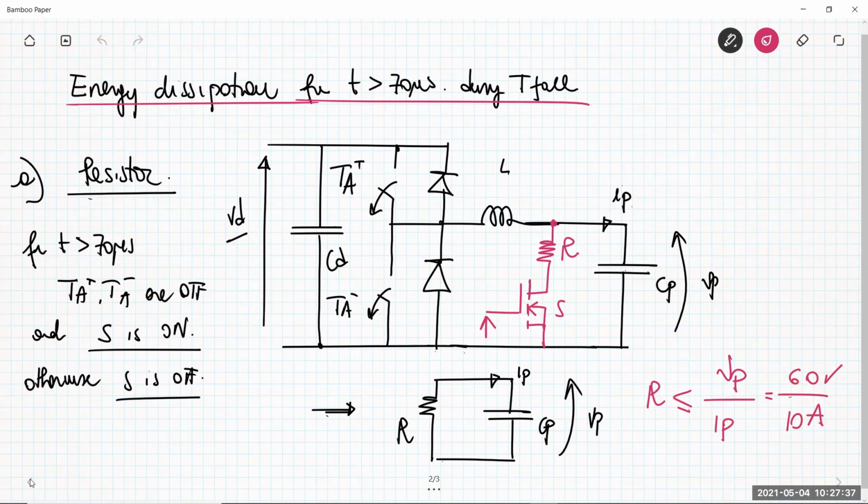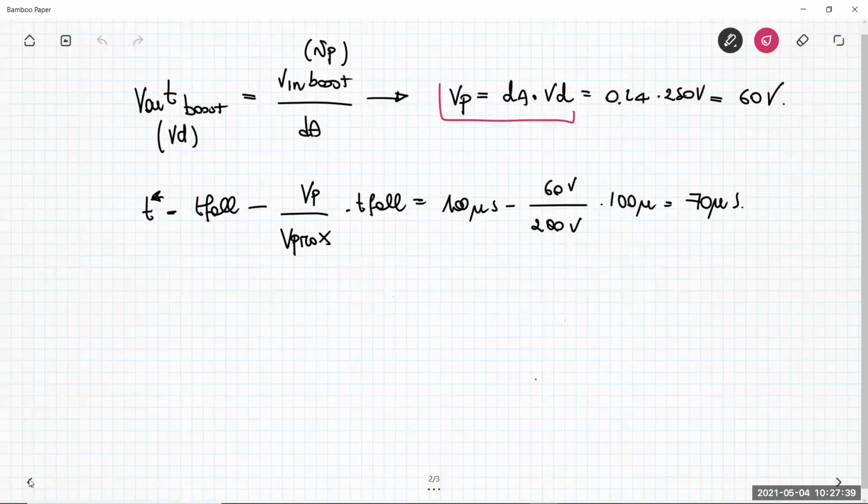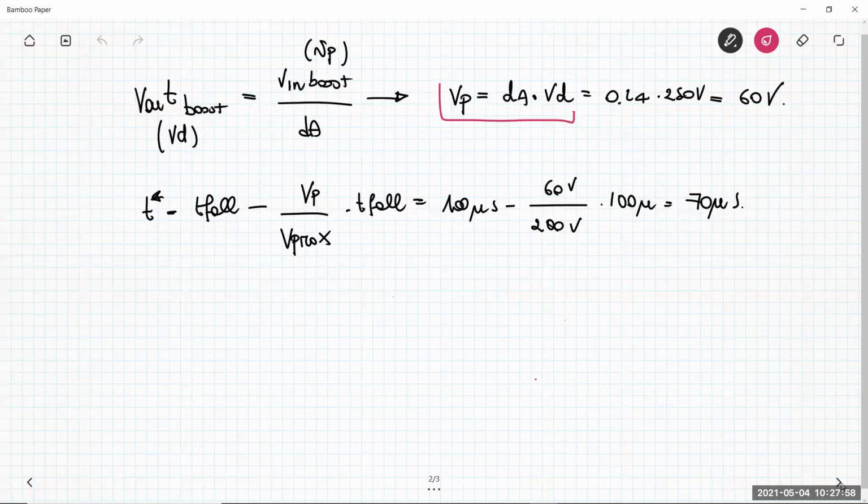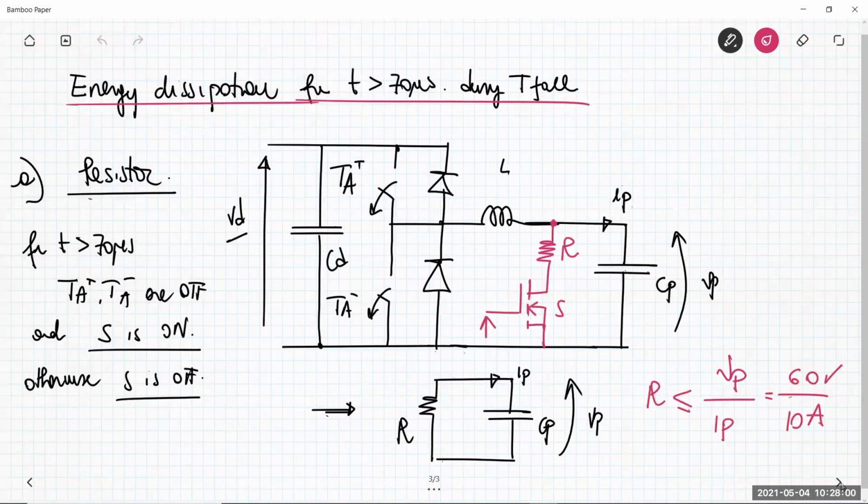Remember that in this phase we have 60 volt when the boost stops being effective, and the current is negative 10 amp. Basically the resistance is computed this way, so it is less than 6 ohm.